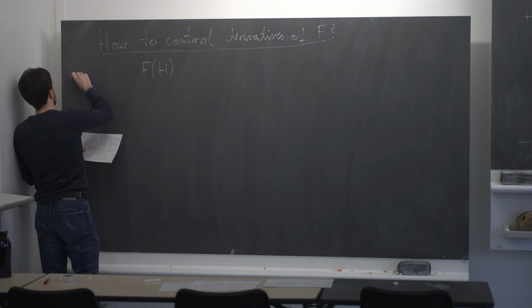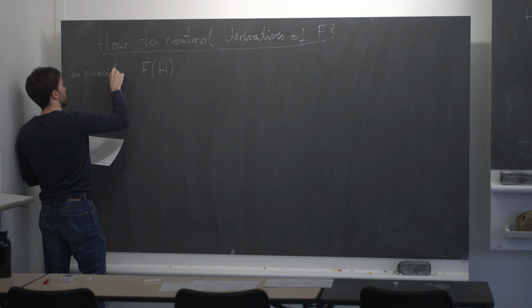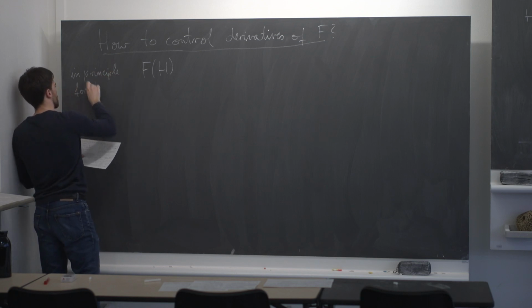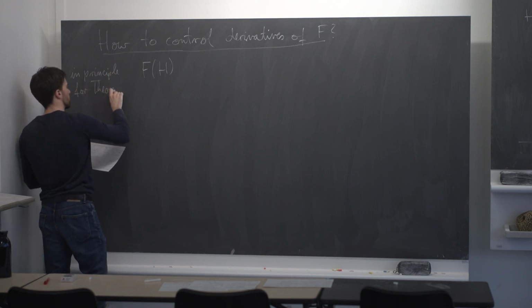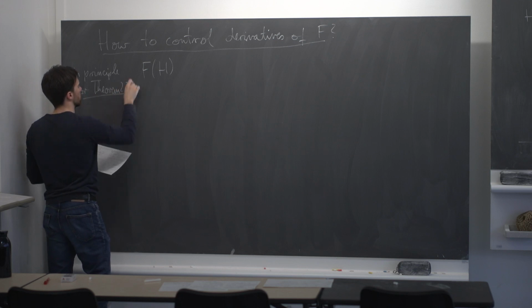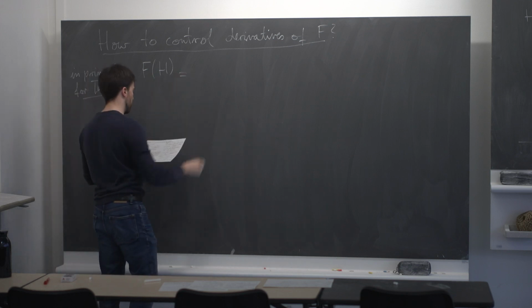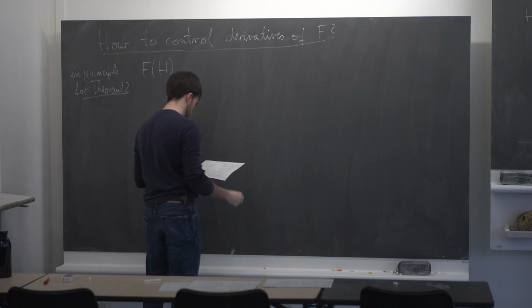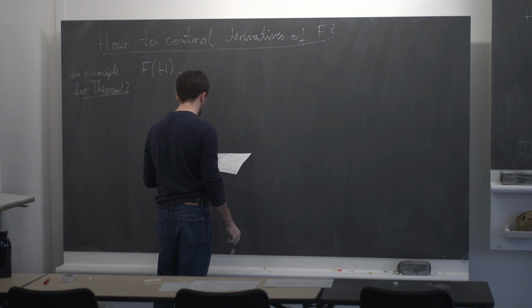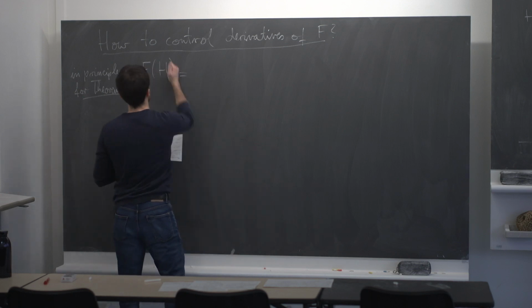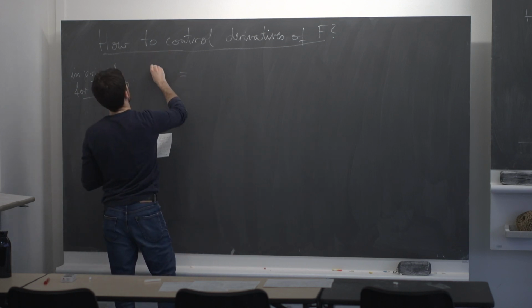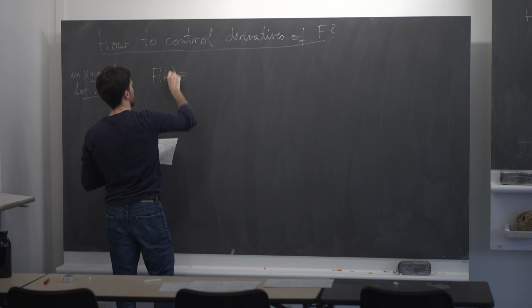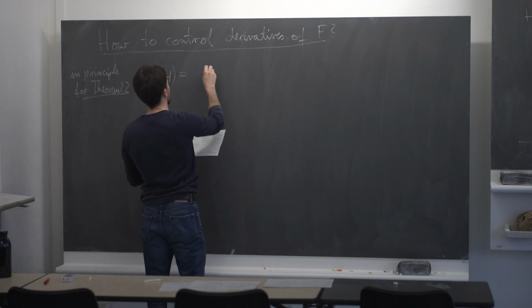So in principle, for this theorem 2.2, we have the following. We have that f is, well, it's not quite correct. There's some rescaling going on, but well, let me write it like this.